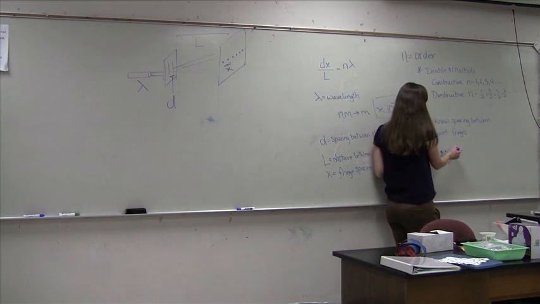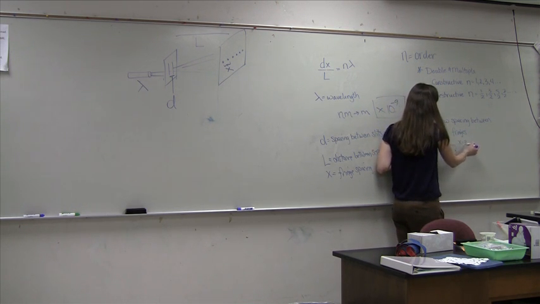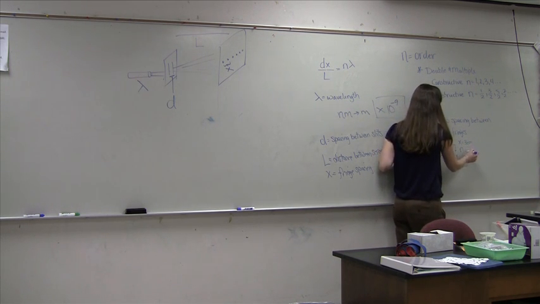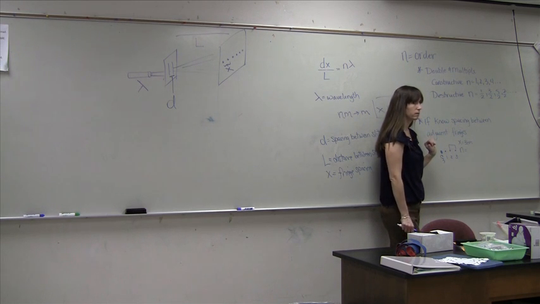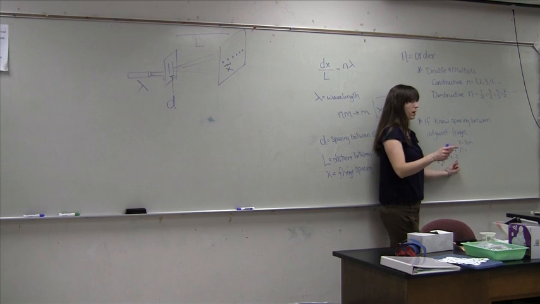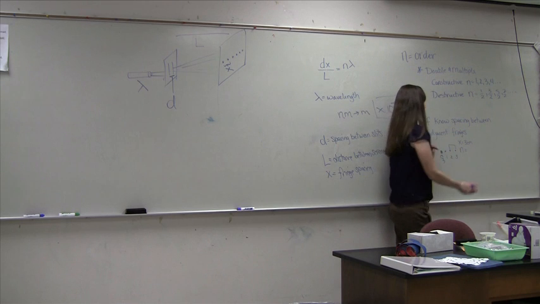If I know the distance between these two, so let's say that this x is 3 centimeters, what is the n from here to here? Between 2 and 3, how many orders separate the two of them? 1.